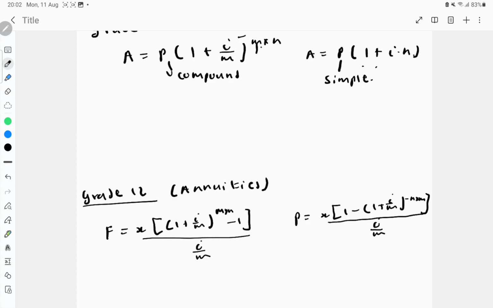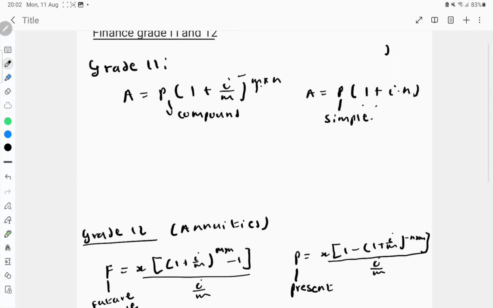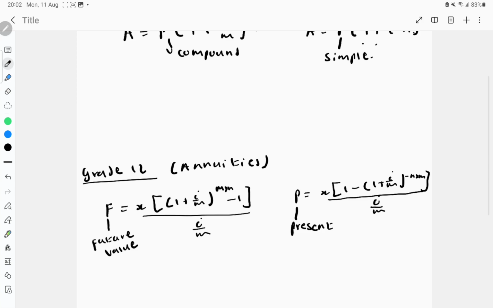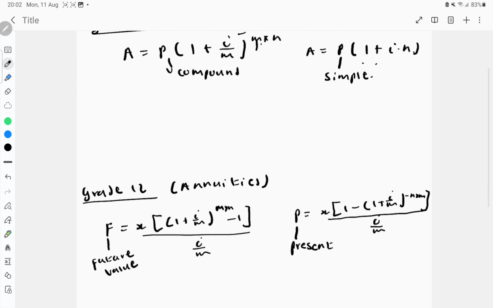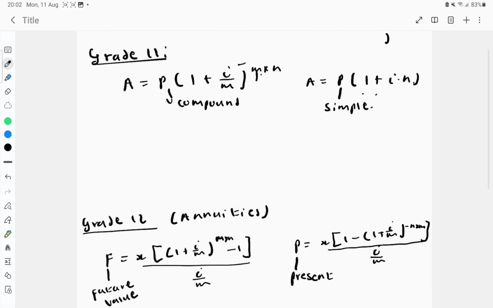Okay, so this is F for future value, and this is P for present value. In grade 11 they're only going to ask you about the compound interest and the simple interest, but in grade 12 they can ask questions that need you to apply all four.